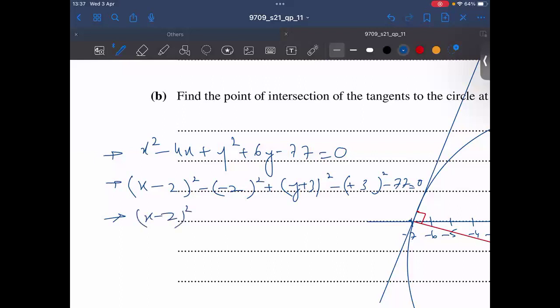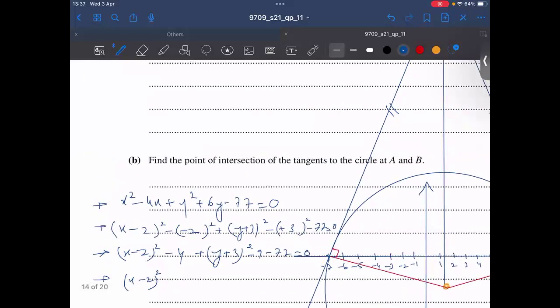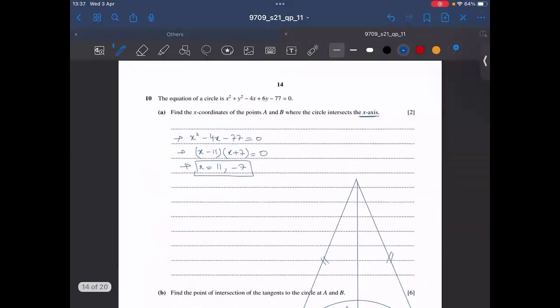X minus 2 whole square minus 4 plus y plus 3 whole square minus 9 minus 77 equal to 0. We're gonna have x minus 2 whole square, minus 4 minus 9 is minus 13, and minus 77 is... Am I doing it correct? I think I'm doing it correct.